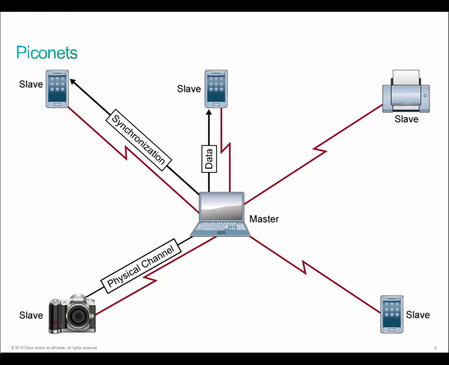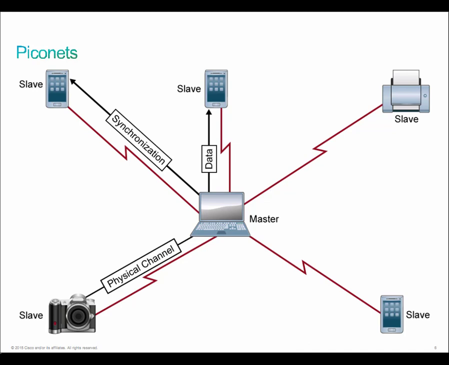There are going to be 1 or 2 or 3 devices that have the same physical channel, synchronized to a common clock. So there's some timing that gets synchronized, and a hopping sequence that we use so we can manage the radio frequency.